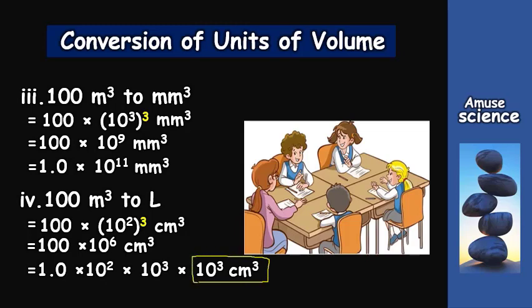It means that we can replace the 10 exponent 3 centimeter cube with the liter. And when we do that, we are going to get 1.0 times 10 exponent 5 liter. That is applying indices with the 10 exponent 2 and 10 exponent 3.